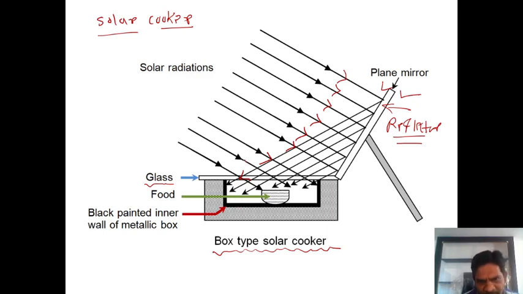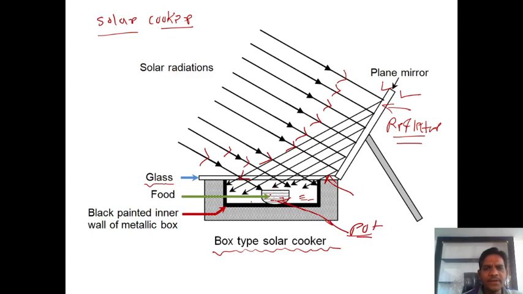Okay, if you observe in another way, somewhere the solar radiation is directly transferred through this glass into the system, and this increases the temperature of the solar cooker. Okay, then after that, whatever food is put inside the pot, this is our pot, that food is cooked.